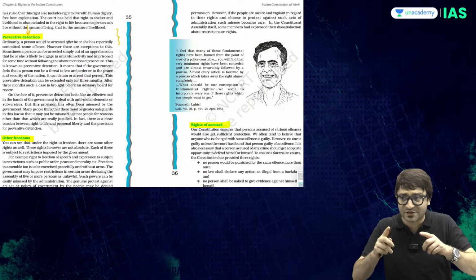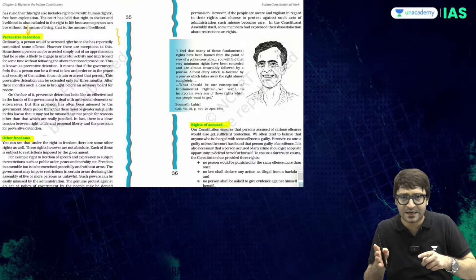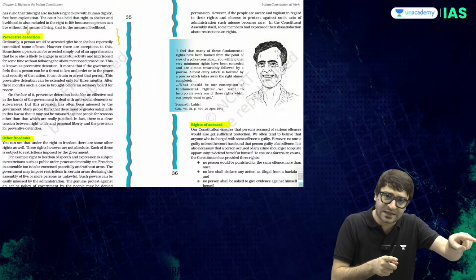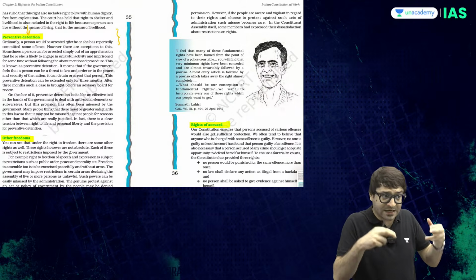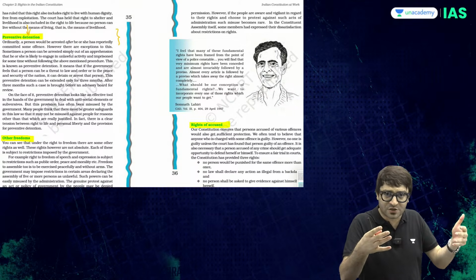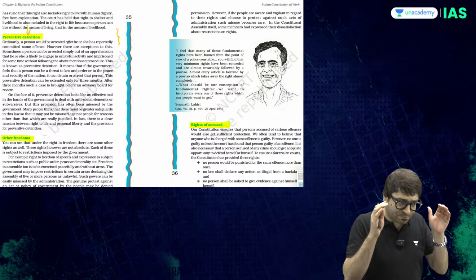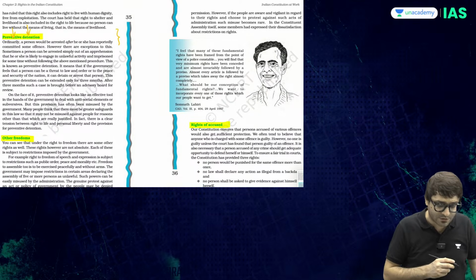Should we take action after the followers of this leader have burned down the city? Or should we prevent it? For that, let's arrest this individual. He has not committed any crime, but we anticipate that he might commit a crime because of his inflammatory speeches. There will be breakdown of law and order. Let's prevent this person from committing this crime, and that's what we call preventive detention.